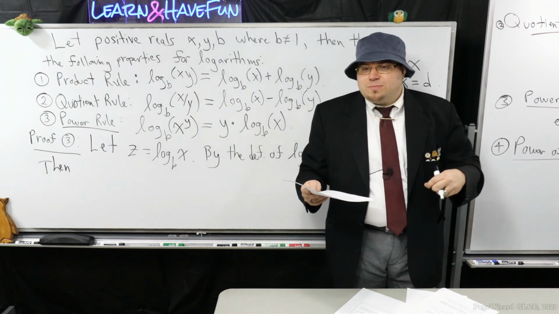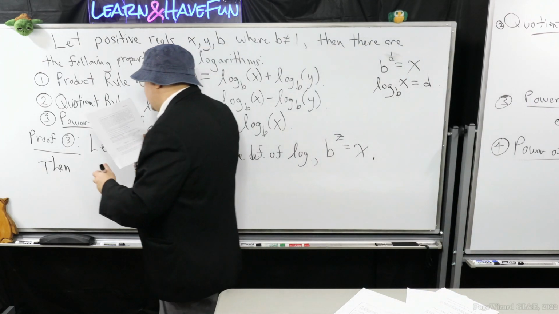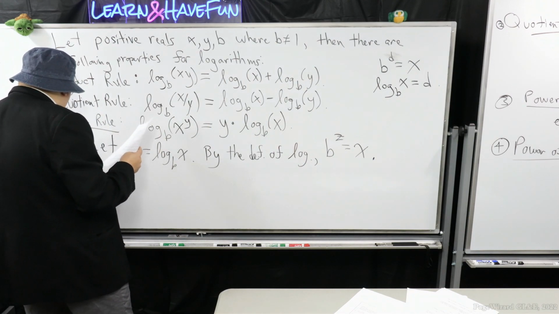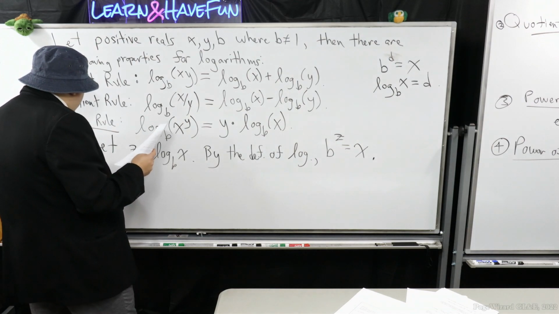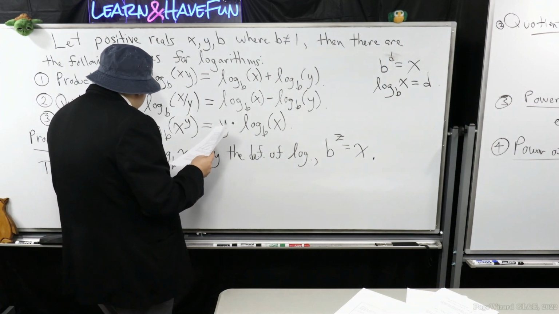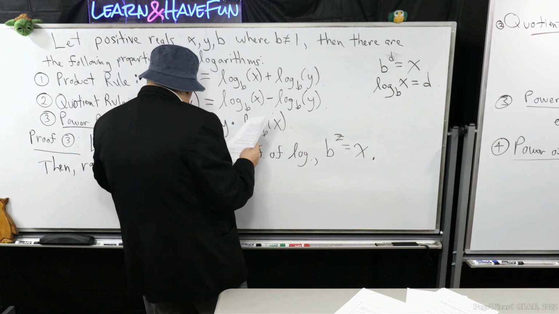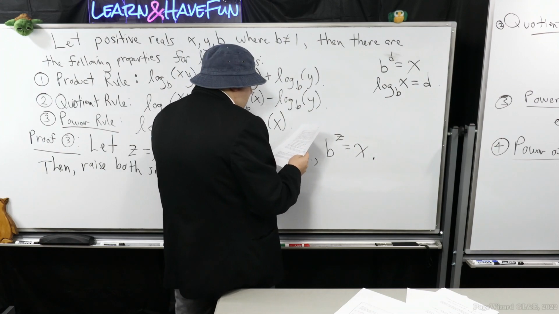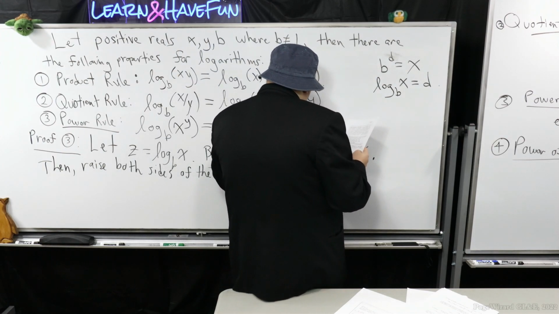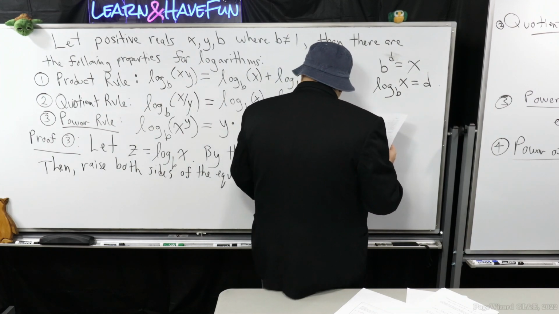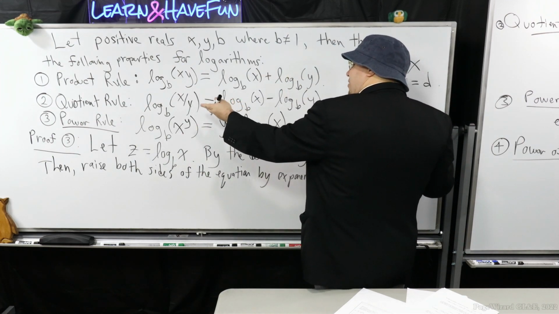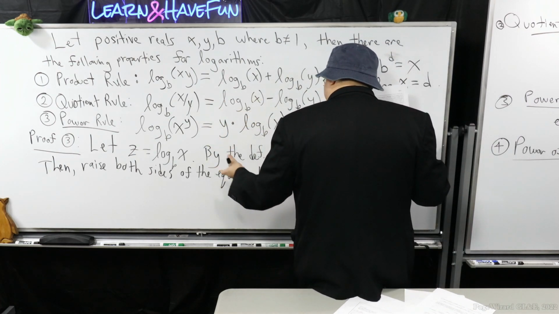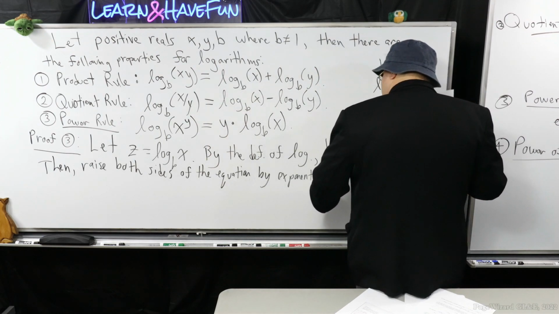So what I'm going to do is raise both sides of the equation by an exponent y. I'm going to try to derive this statement using this much more basic definition. So here we go, I'm going to raise both sides.